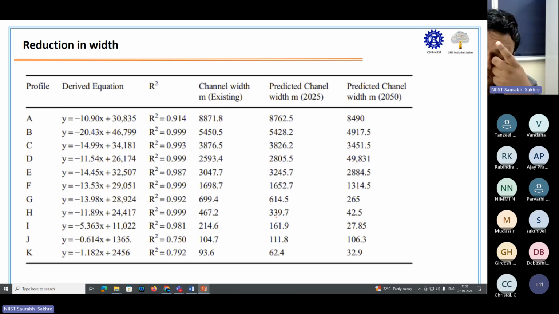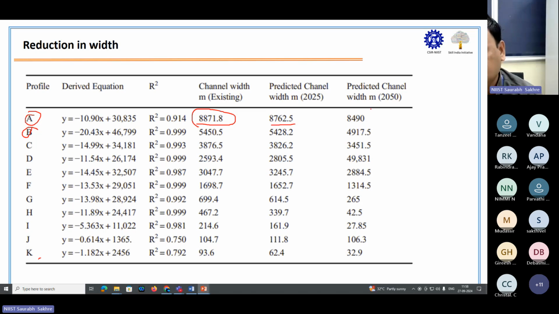And then we have created this linear regression equation for all the profiles, that is A, B, C up to K. We have determined R square. R square is called the coefficient of determination. And this is the existing width of the channel, 8871 meters, almost 8 kilometers. And then if it continues, in 2025 the width will be reduced to this.